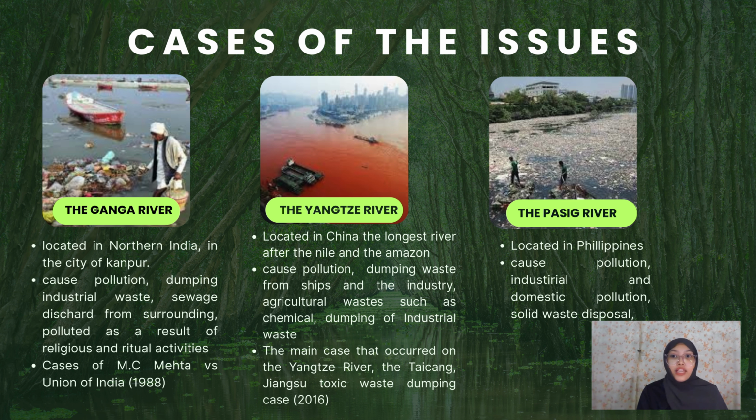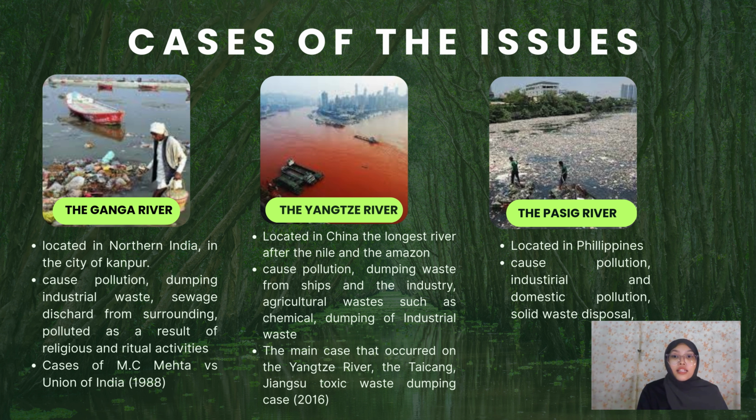The river faces severe pollution due to industrial waste, sewage discharge, and waste from religious and ritual activity. One well-known legal case related to this issue is M.C. Mehta vs Union of India, where the court highlighted the need to protect and clean the river.